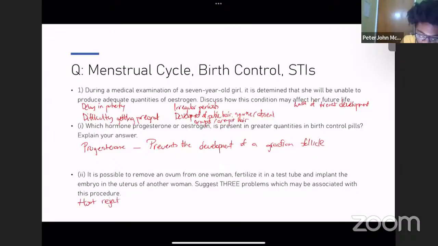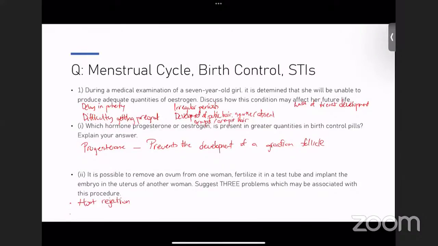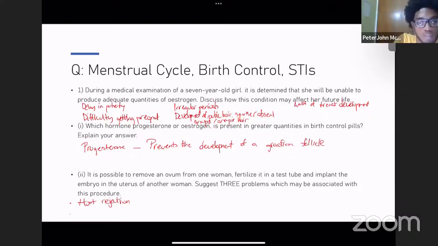Post rejection. It has a high chance of failing. I'm not sure, but why?